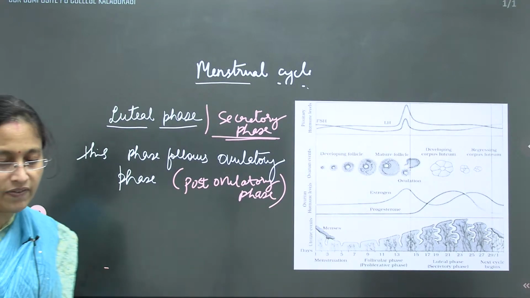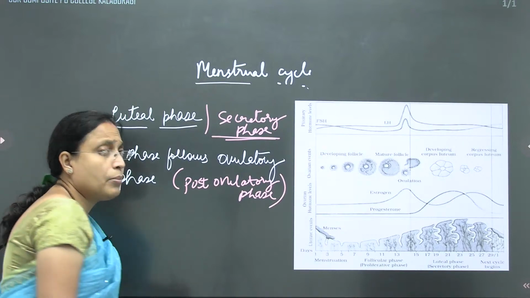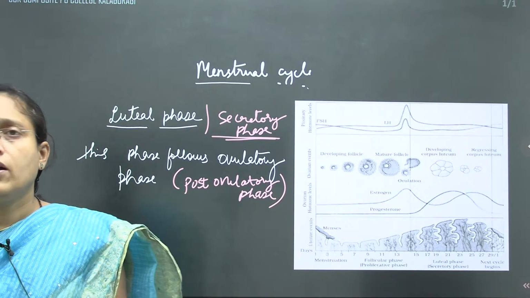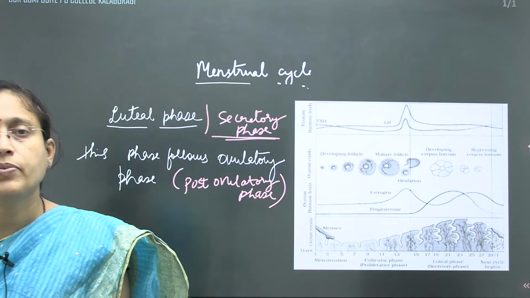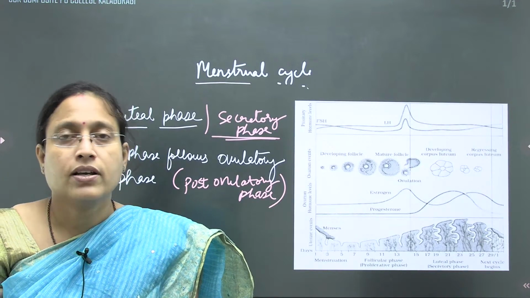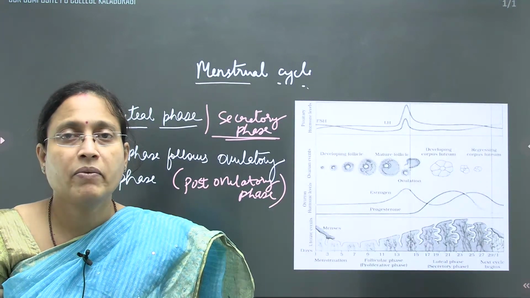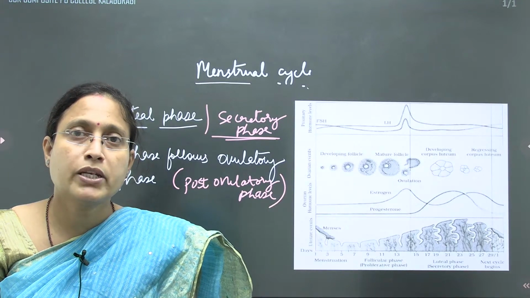Now, the number of days. The 14th day was the ovulatory phase where ovulation occurred. So next to the 14th day will be the 15th day, and at the end of the menstrual cycle the total length will be 28.